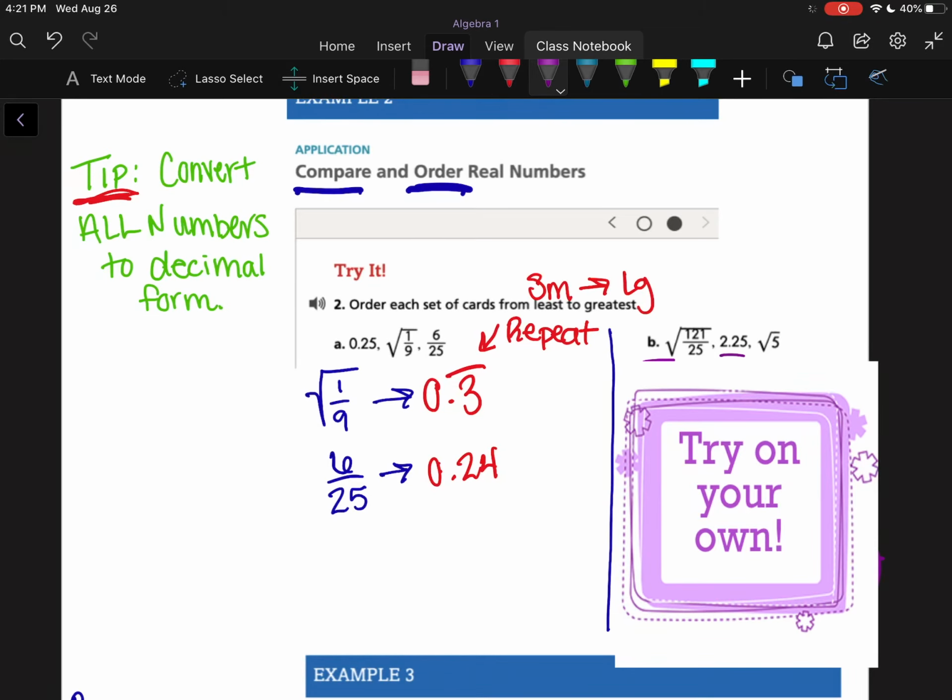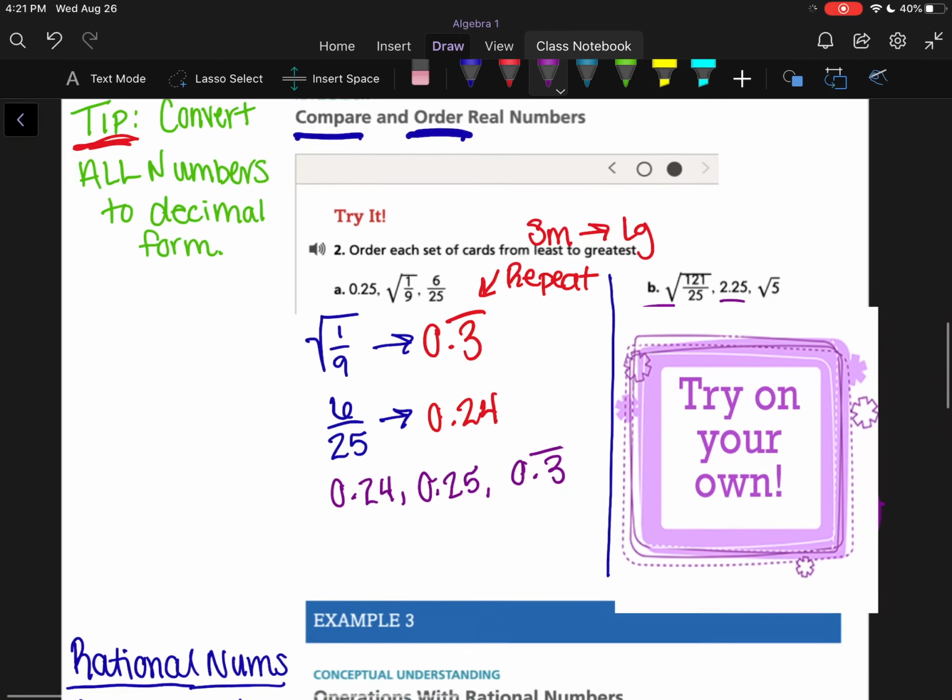Now that all 3 numbers are in decimal format, I can order them from smallest to largest. I know the smallest amount, if I wanted to think of it like money, is 24 cents. Then 0.25. Then 0.3 repeating.